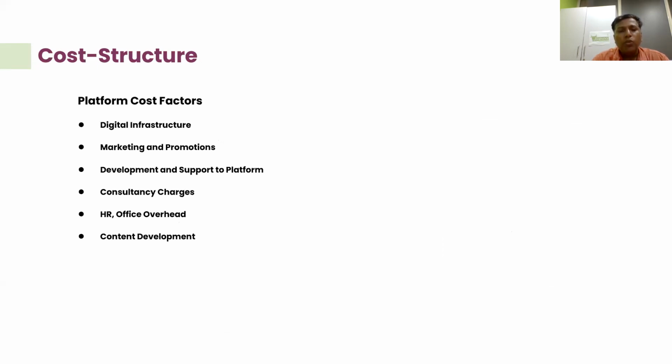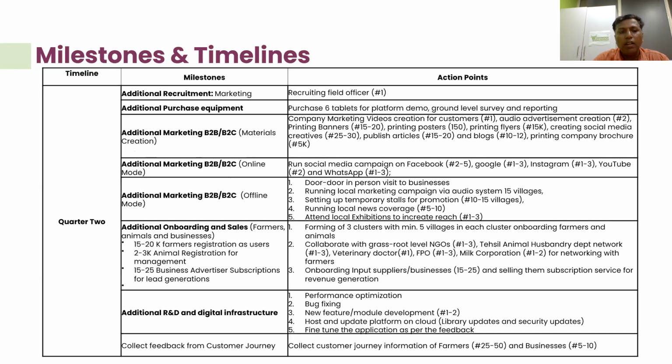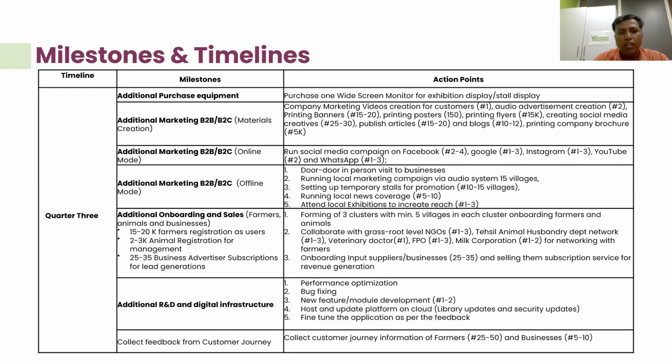We invest a lot into digital infrastructure, marketing and promotion, development and support to the platform. We are, let's say, taking consultancy of the experts. We have HR and office overheads, and content development is something that we are heavily investing into to be able to give best information to the farmers. So these are our milestones in the Q1, Q2, and Q3.